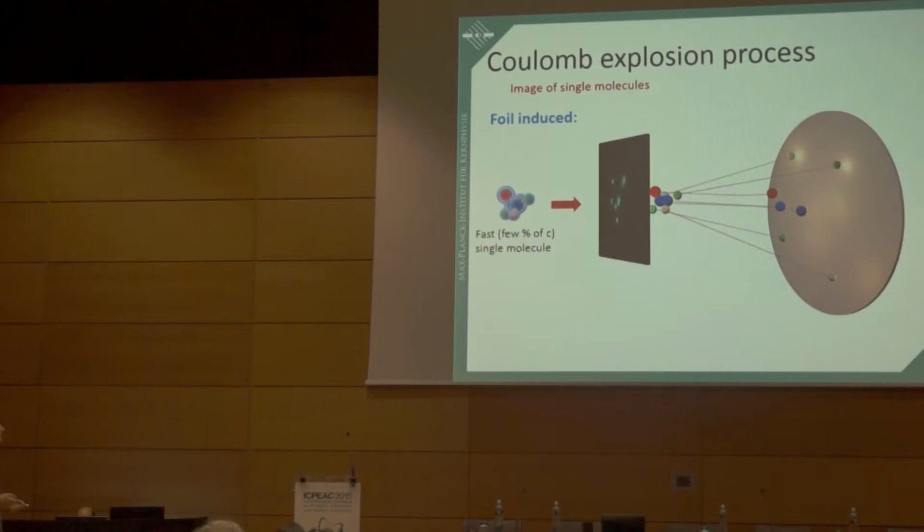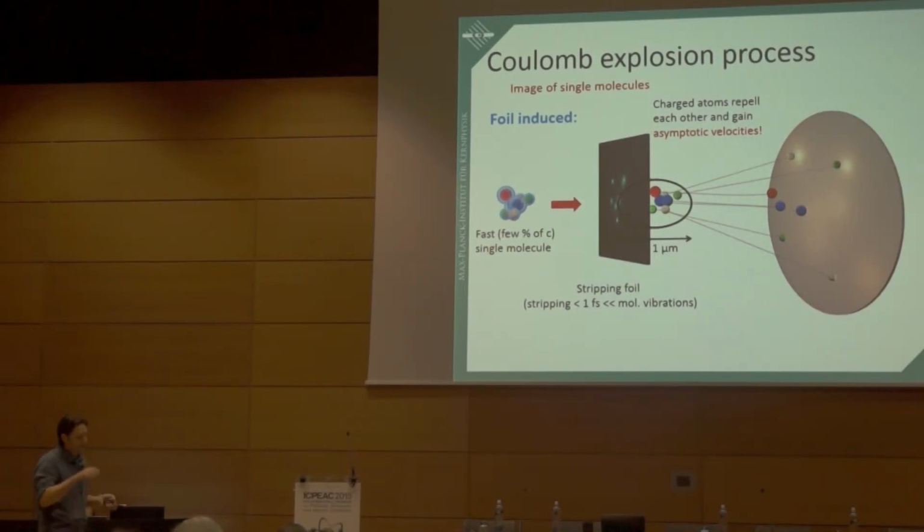So how do we do this? We need fast single molecules. Fast means they have to have a few percent of the speed of light, and we direct them onto a stripping foil. In this stripping foil, the electrons of the molecule scatter inelastically with the electrons in the foil, and they are stripped off, at least the binding electrons of the molecule.